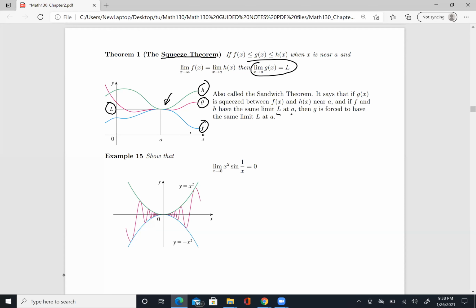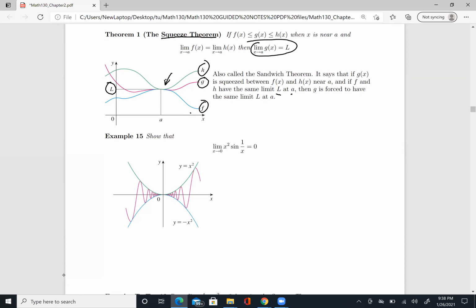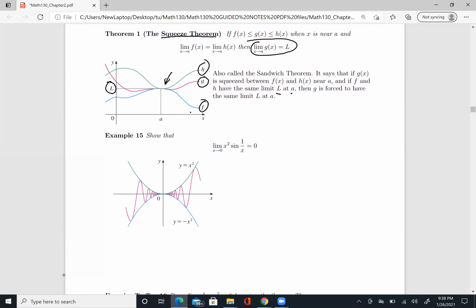Okay, so let's try to apply this on this limit. We want to show that the limit of x squared times sine of 1 over x equals 0 when x goes to 0.